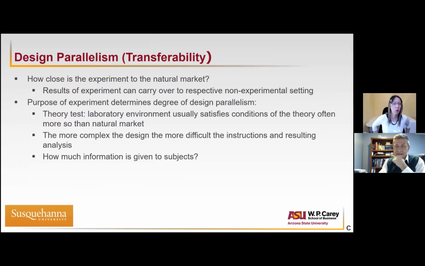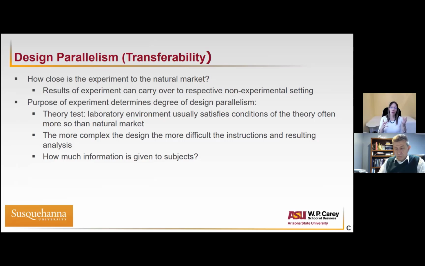Okay, so what is design parallelism? That is what we refer to when we evaluate how close our experiment is to reality, and sometimes the results of experiments can carry over to a non-experimental setting. So how close can we really mimic in the lab what is happening in the real world?